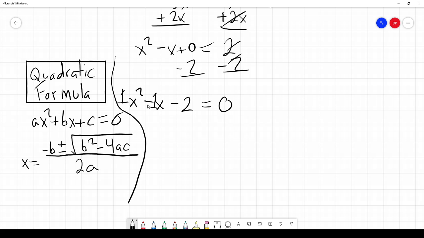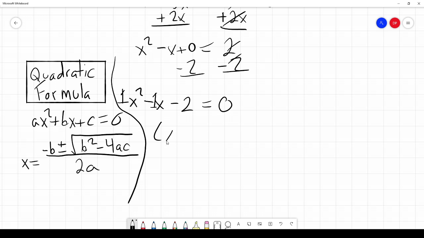We need 2 numbers that have a product of -2 and a sum of -1. Well, the only 2 numbers you're going to be able to multiply to get -2 are 2 times 1. One of them is going to have to be negative if your product is negative. And the sum is negative, which means that we want the 2 to be negative, so that when we add them, the answer will be negative.